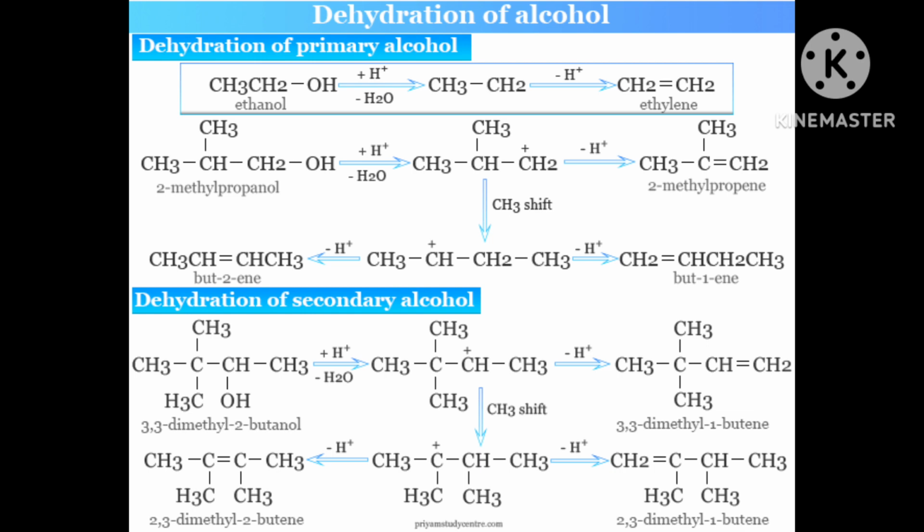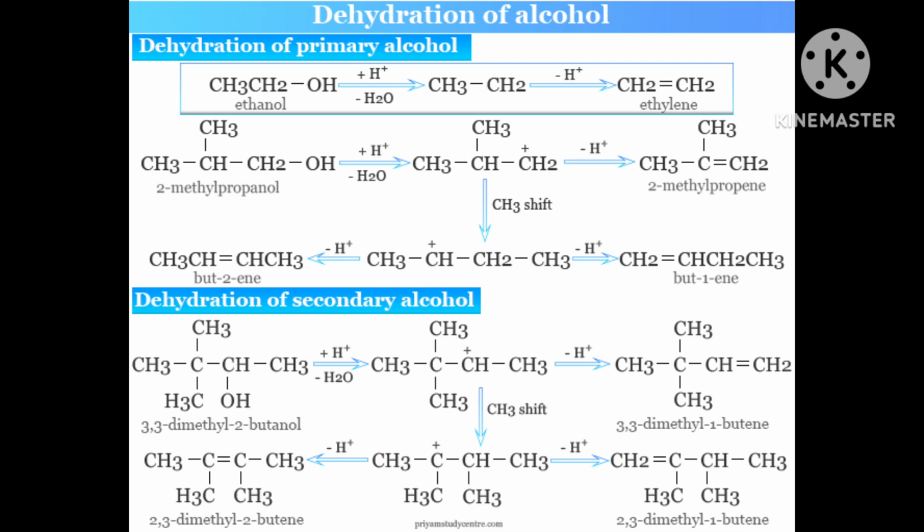And again, one hydrogen will come. Now, what was CH triple bond has become CH2 double bond. Means from an alkyne you will get an alkene very easily. This is the first method, from alkynes.